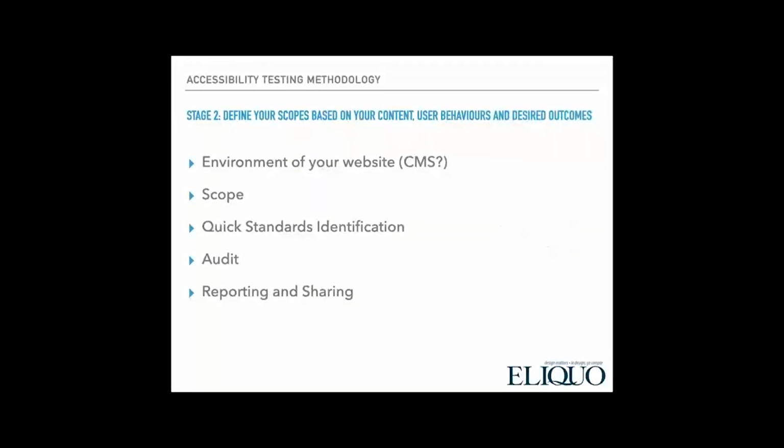Now, depending on where you are, the scope of your content, your user behaviors, and what the desired outcome is might be different. Okay, so the environment your website or your application is in does matter. Is your content management system even built to be accessible, for example? Is the framework you're using, either Web4, for example, or Bootstrap, built to be accessible?